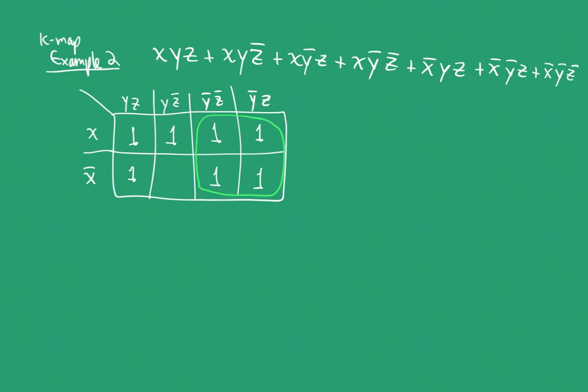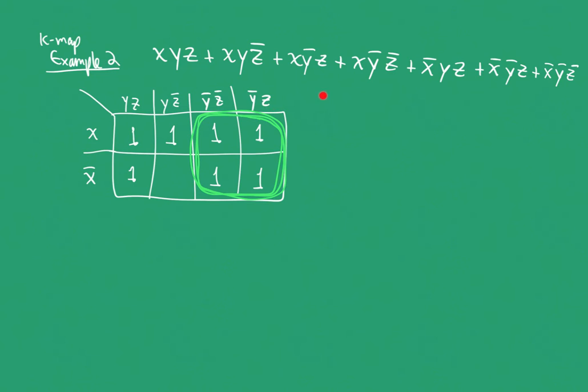Okay, so there's this 2x2 here. We actually have another 2x2. It might not be very apparent, but we do, because notice our principle was to change one literal at a time.